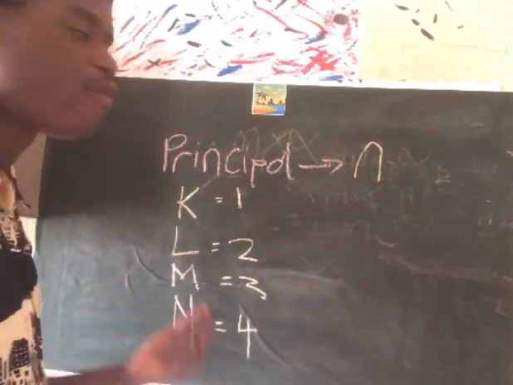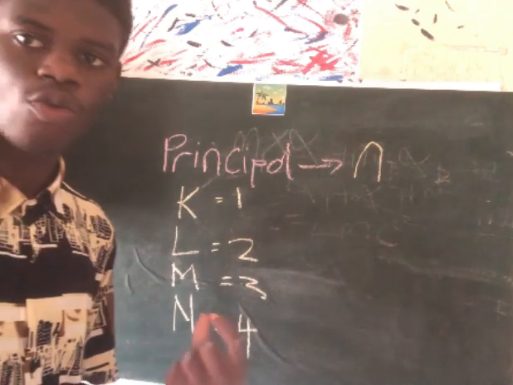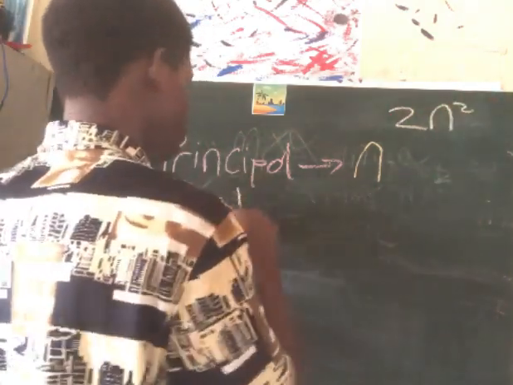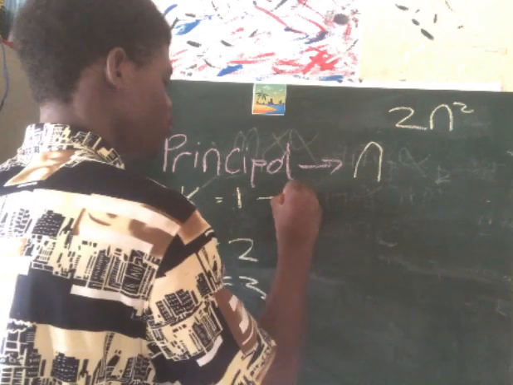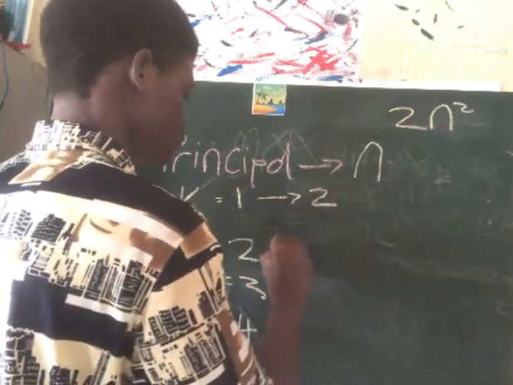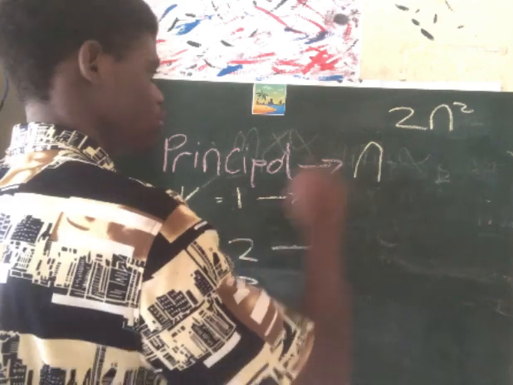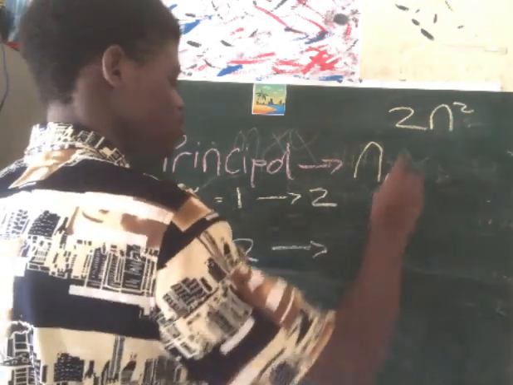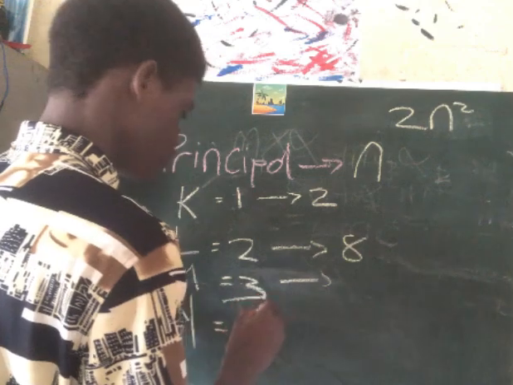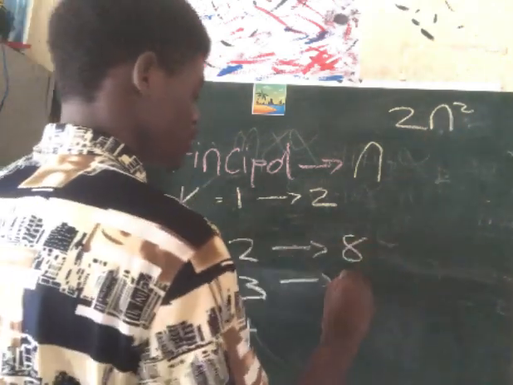The formula for the maximum number of electrons that can occupy a shell is 2n squared. For the first shell, if you substitute 1 into n, that will be 2. For the second shell, 2 squared is 4, and 4 times 2 is 8. For the third shell, 3 squared is 9, and 9 times 2 is 18.